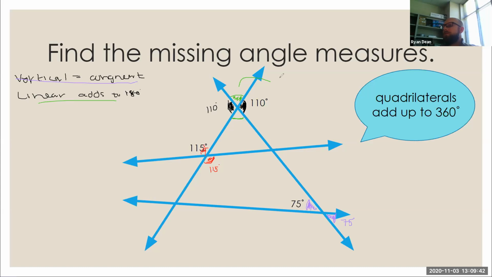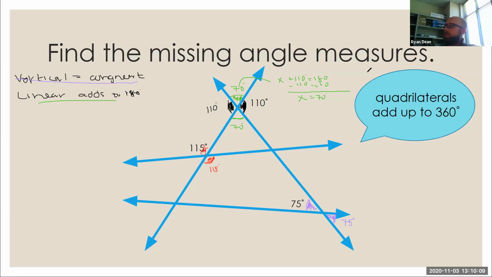So the green, we're just going to call it x, plus 110 degrees equals 180. Subtract 110 on both sides. Real easy, real simple. X is 70. So we can fill that in right there and right here.